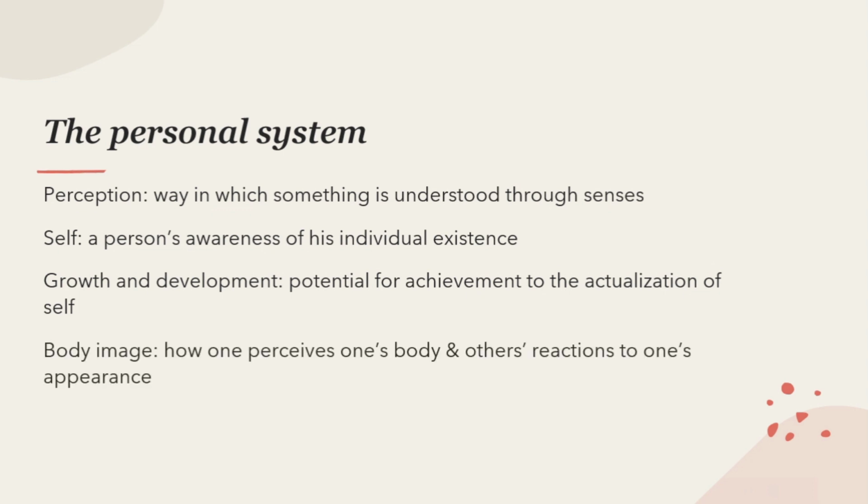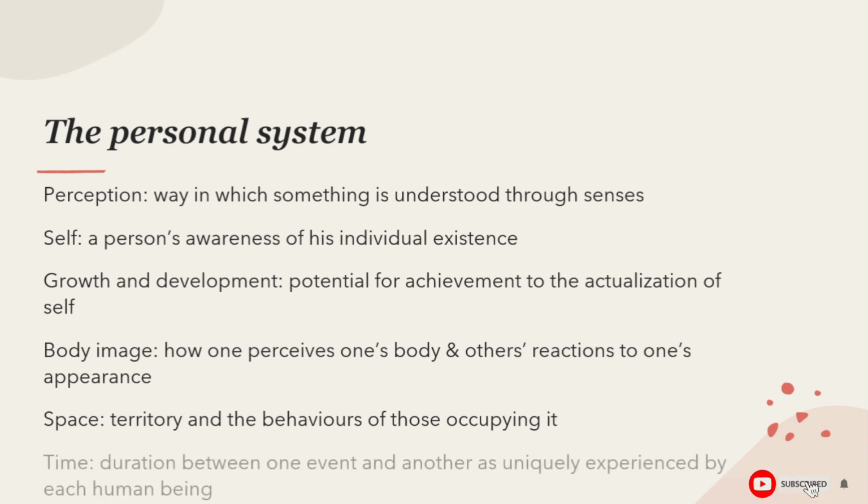Body image is how one perceives one's body and others' reactions to one's appearance. Space is defined by the physical area known as territory and by the behaviors of those occupying it. And lastly, time is the duration between one event and another as uniquely experienced by each human being.